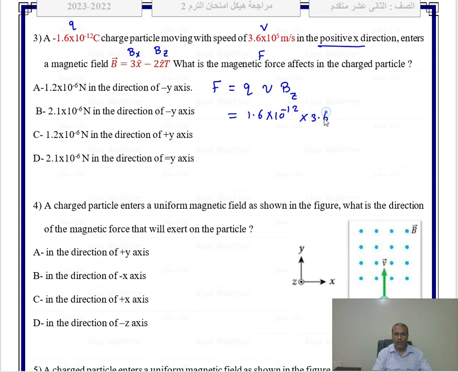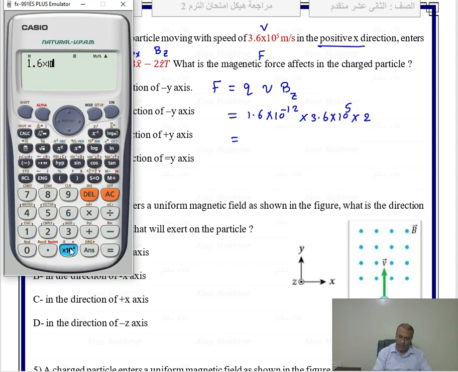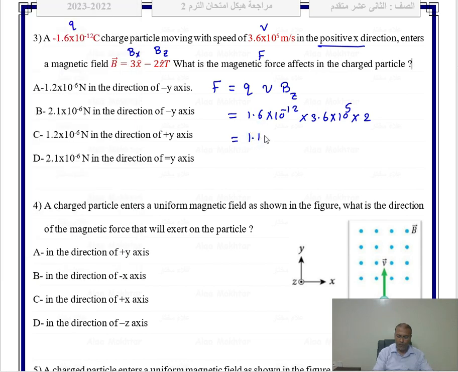V is 3.6 times 10 to the power 5. Bz is 2. The answer is 1.6 times 10 to the negative 12 times 3.6 times 10 to the power 5 times 2, which is 1.15 times 10 to the power negative 6 Newton. But this force is in which direction?